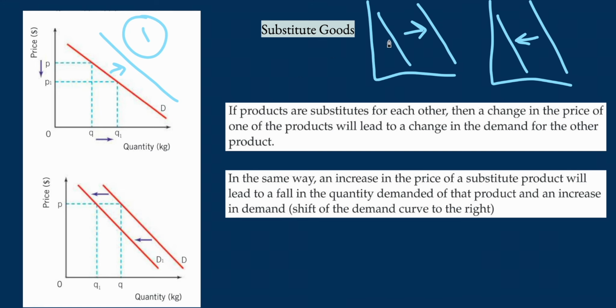So for example, this is a very common tactic seen in super competitive markets where products will try to compete with each other in lowering the prices so that more people will buy it and that people would substitute other brands with their brand and increase demand overall, okay? In the same way, an increase in the price of a substitute product will lead to a fall in the quantity demanded of that product and an increase in demand. Shift of the demand curve to the right.